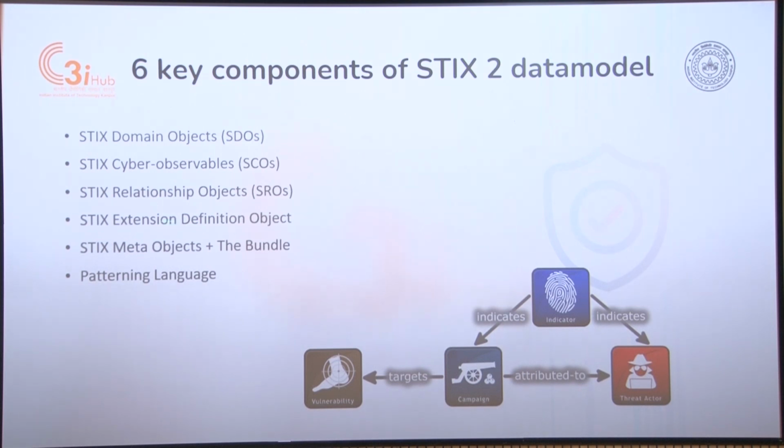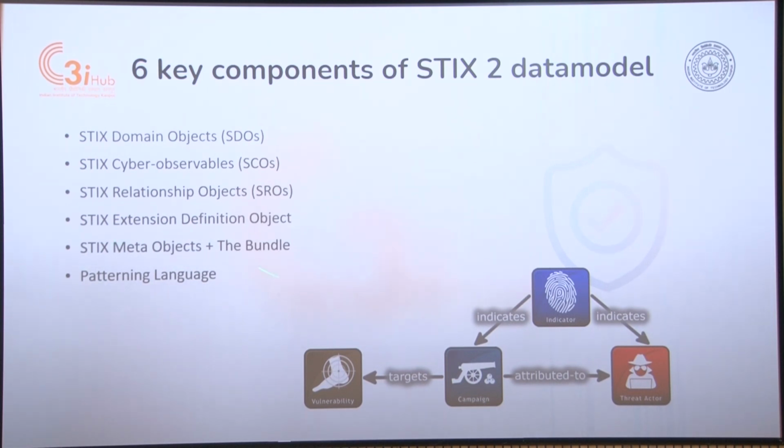There is also an extension definition object. This is kind of object oriented, so there is a derivation process by which you can extend an object. There are also meta objects and the bundle: when all the objects for a specific threat intelligence have been created, you put them in a bundle.